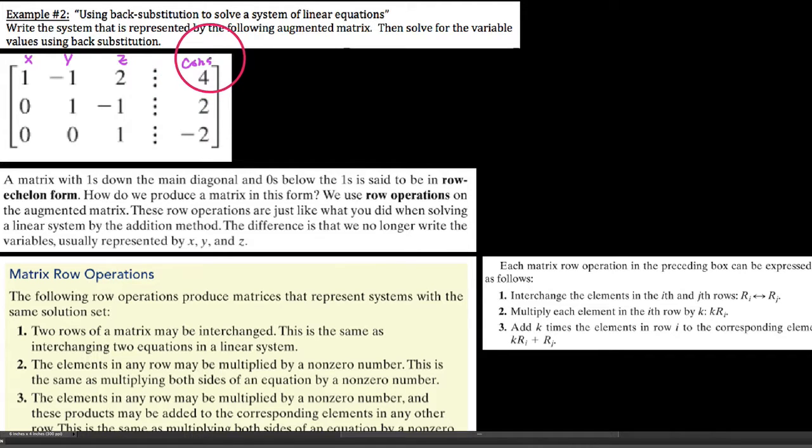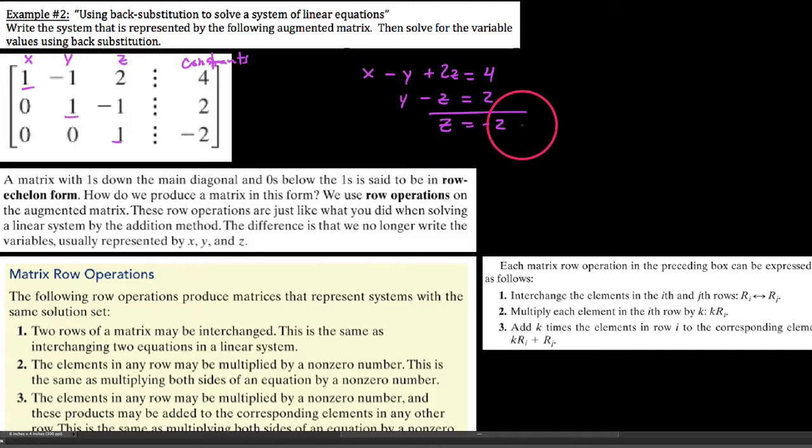And then our constants on the right here, our system that would be associated with this thing that's in row echelon form having ones down the main diagonal and zeros underneath it would just be 1x minus 1y plus 2 z's, and this would be equal to 4. Now our second equation would just have been y minus 1z is equal to 2, and then our last equation would have just been that z is equal to -2.